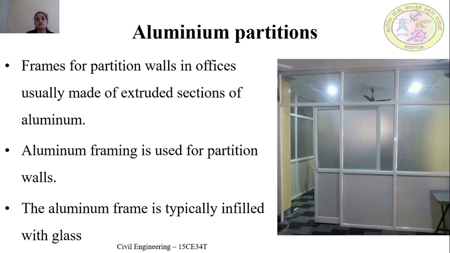Frames for partition walls in offices are usually made of extruded sections of aluminium. Aluminium framing is used for partition walls, and the aluminium frame is typically infilled with glass. Like in this particular picture you can observe the aluminium frame is infilled with the glass sheets.